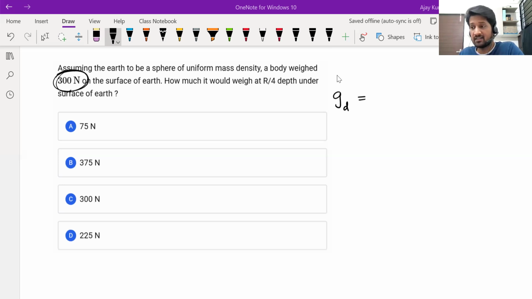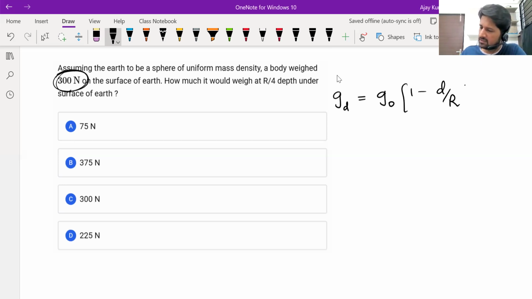I'm asking gravity at a depth below the surface. It will be in terms of depth, no? How can it be independent of d? GM by r square is gravity on the surface of the planet. Anyway, looks like you all are not in touch with the formulas at all. So it is gravity on the surface into 1 minus d by r.